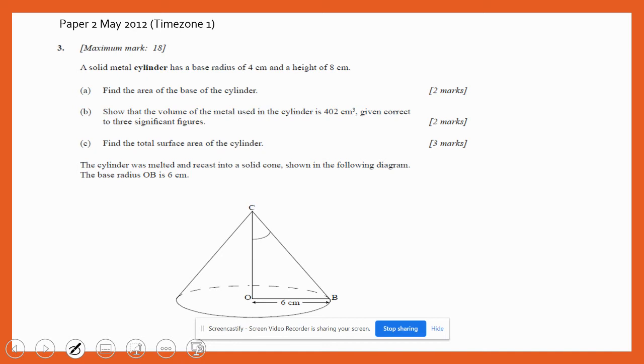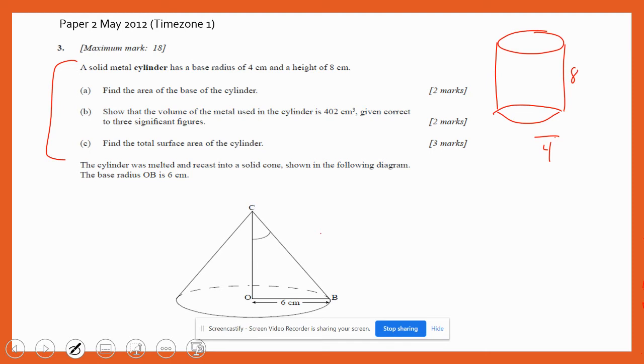Okay, so to find the area of the base, the cylinder is a circle. This was a question that threw people off. The picture that's here is not what the question up here is talking about, because that's a cone. Okay, so we have a cylinder with a radius of 4 and a height of 8.